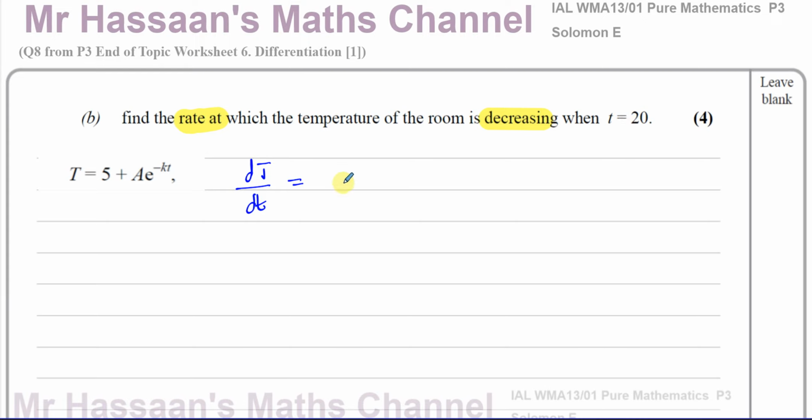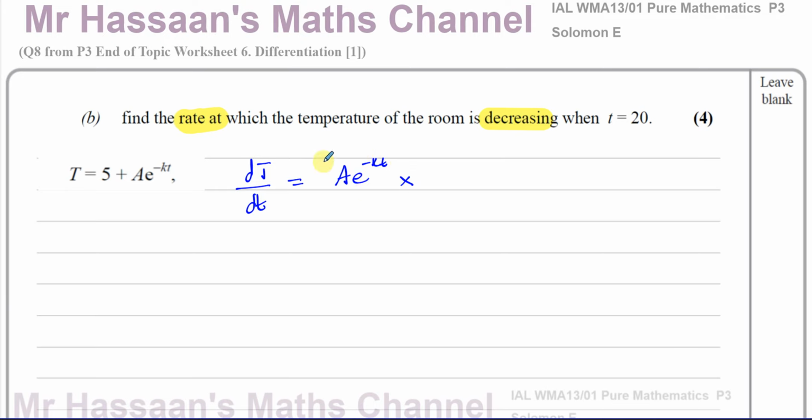the gradient function, basically. So when you differentiate 5, it becomes 0. When you differentiate e to the power of something, it stays as it is. So this will be a times e to the power of minus kt, but then you have to multiply by the differential of what's inside the function, which is this part here. Using the chain rule, you must always multiply by the differential of what's inside the function.